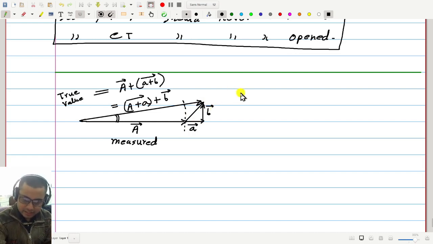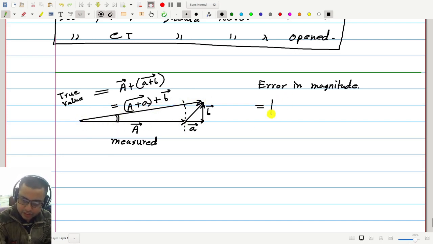Let me write directly the error in magnitude. That will be the magnitude of this phasor minus the magnitude of this.